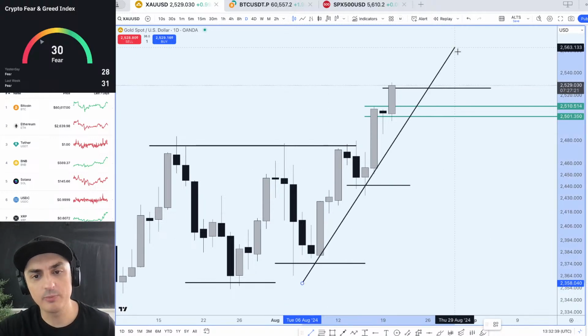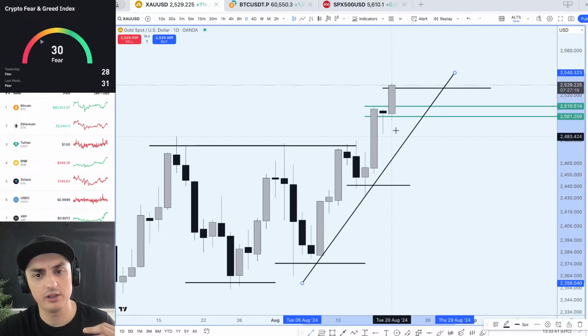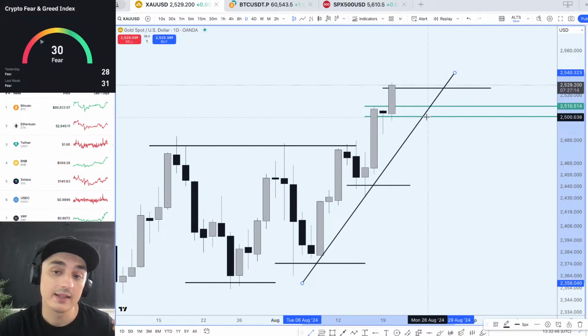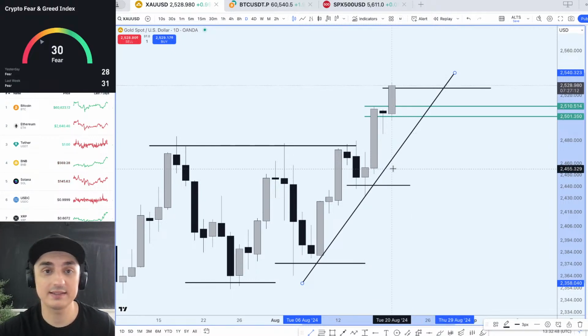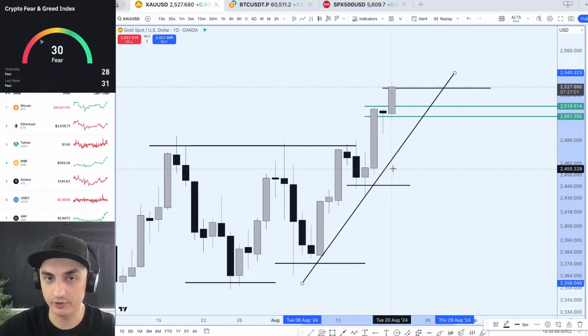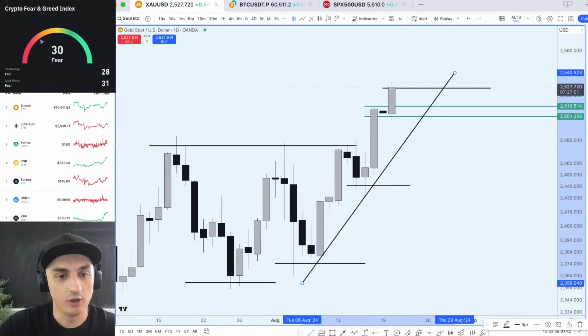The rising uptrend line over here is located exactly around the 2500 area as well. So we got this influence from the dynamic line and from pure psychological levels like 2500.